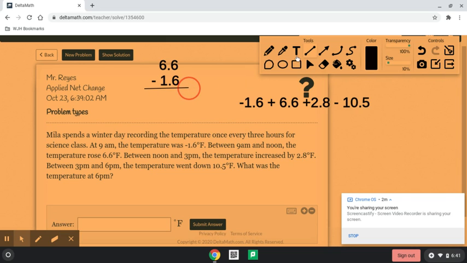You're going to end up with 5. So 5 plus 2.8. And remember, it's 5.0 basically. So you can write it like that. And we end up with 7.8.